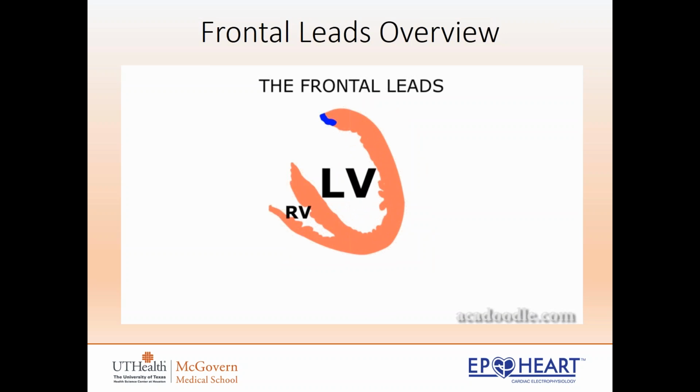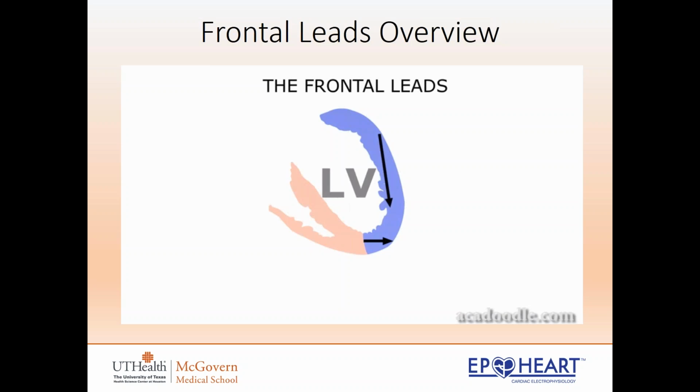One moving predominantly downwards and to the left from the anterior fascicle, and one moving in a predominantly leftwards direction from the posterior fascicle. In most normal individuals, these 2 depolarization vectors travel simultaneously through the left ventricular myocardium and dominate the QRS morphology in all frontal leads. But as they are moving in different directions simultaneously, how do they interact together to determine the QRS morphology in the frontal leads?